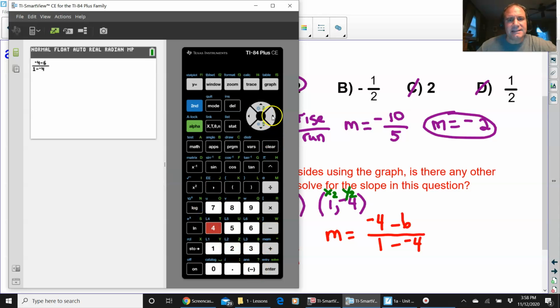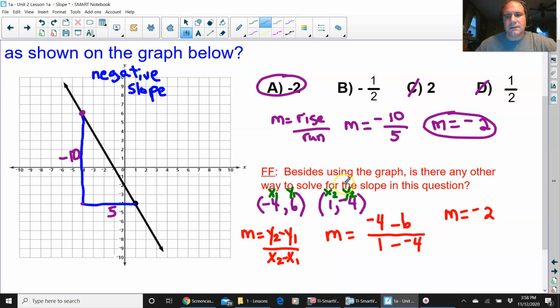You put it in exactly as you see it, and then you press enter, and you should get a -2. All right, so -2 is your answer. And that's a different way besides using the graph. Is there any other way to solve for slope? Yes, there is. Using the y2 minus y1 over x2 minus x1 formula.